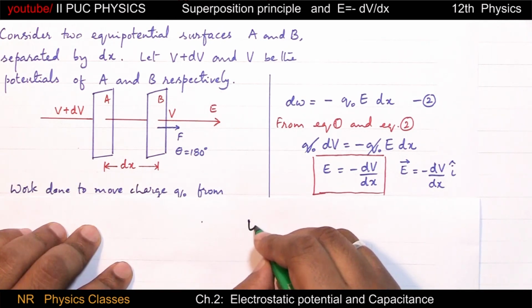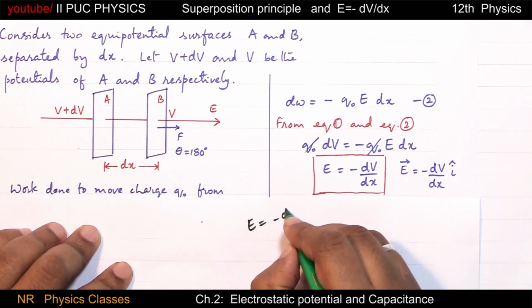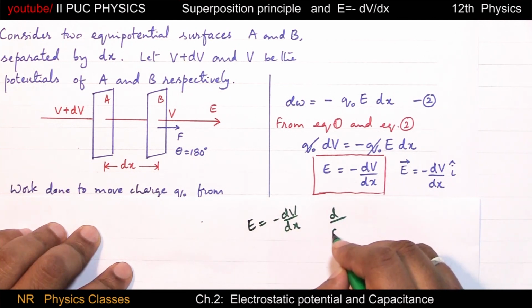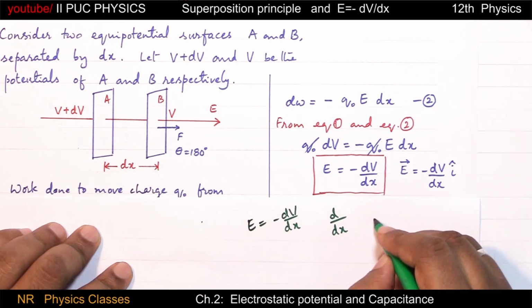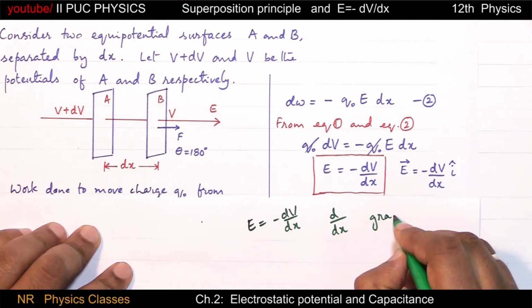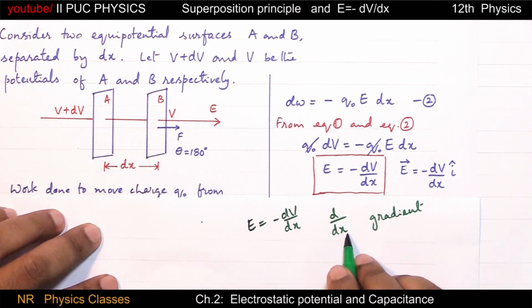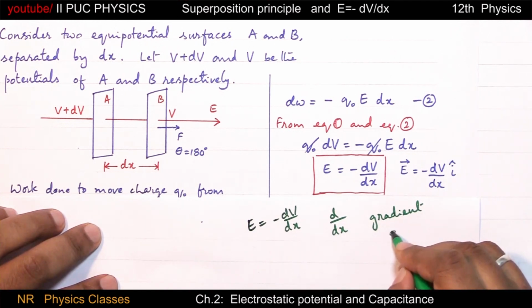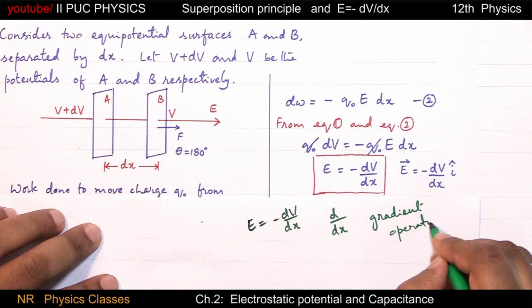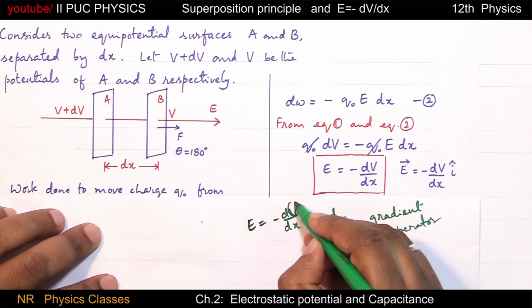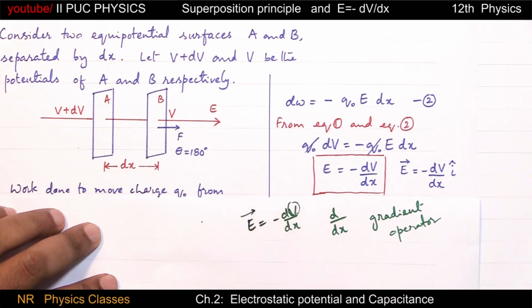Now observe E equals minus dV by dx. This d by dx is called the gradient operator. If the gradient operator operates on a scalar quantity, then we get a vector quantity.